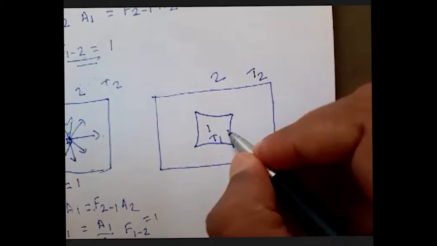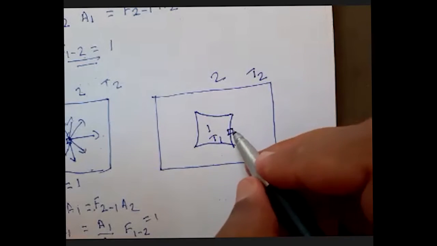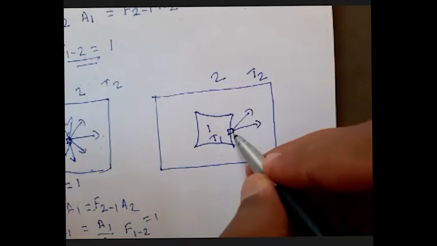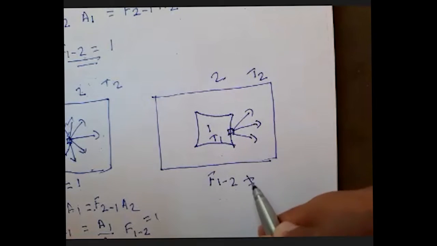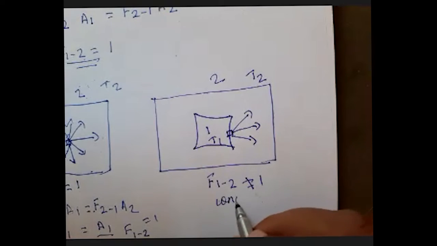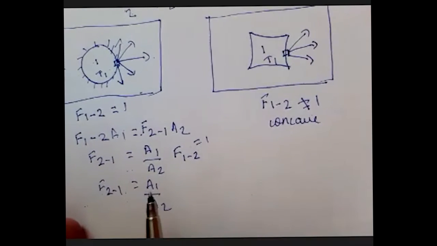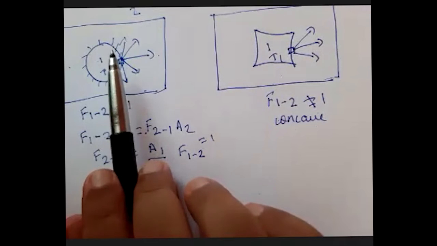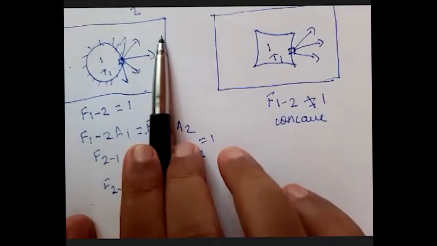If I consider a small element area here which is emitting radiation in all directions, in this case my F1 to 2 will not be equal to 1, because I have a concave surface. This holds true only when all the radiation coming out of it is intercepted by surface 2. In this case, why will it not happen?